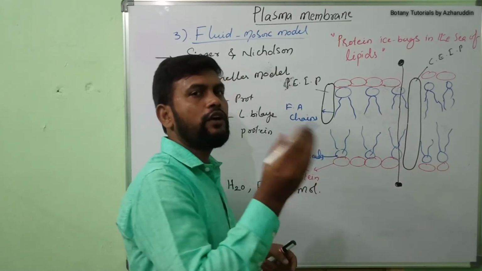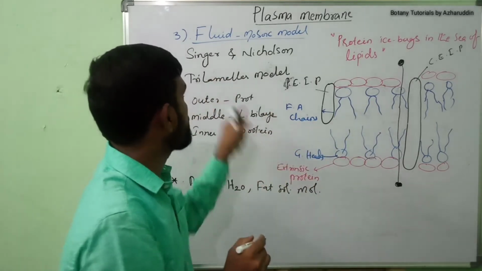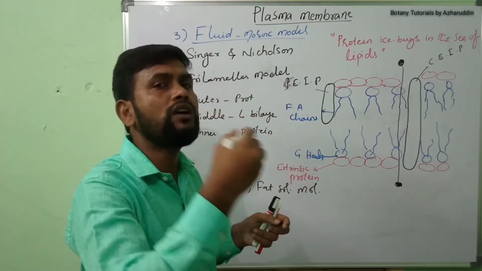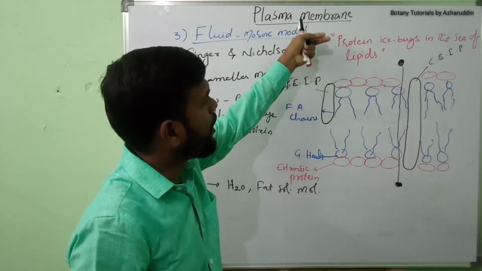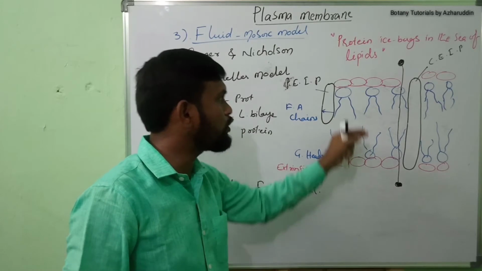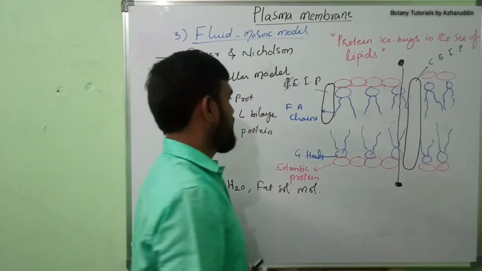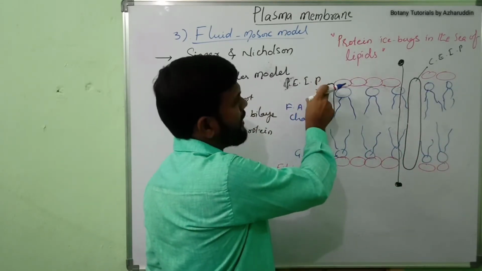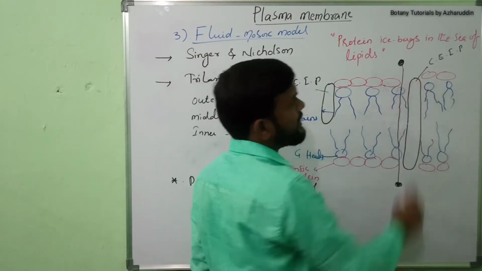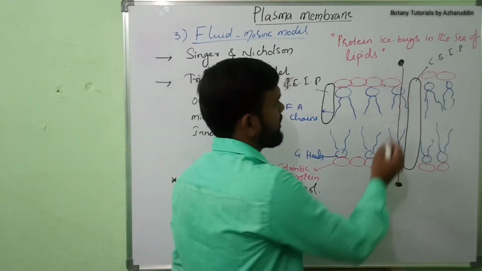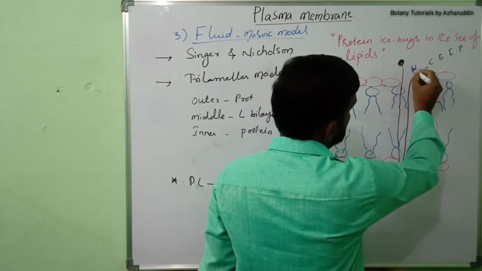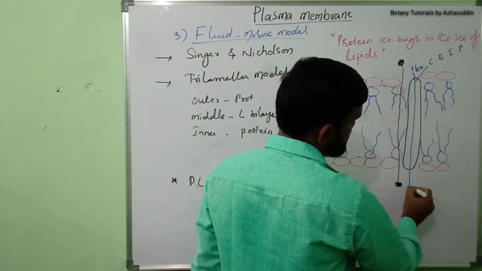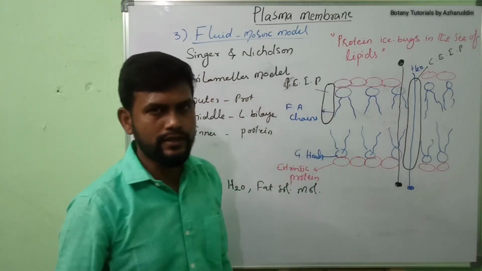This point was not explained by the previous models, but Singer and Nicholson successfully explained how water enters from the outer side to the inner side of the cell through the plasma membrane. How does the water enter? Here, partially embedded intrinsic proteins are present. Completely embedded intrinsic proteins are also present. Along with this protein, here is water. This water enters through this protein, crosses the plasma membrane and enters the cell.